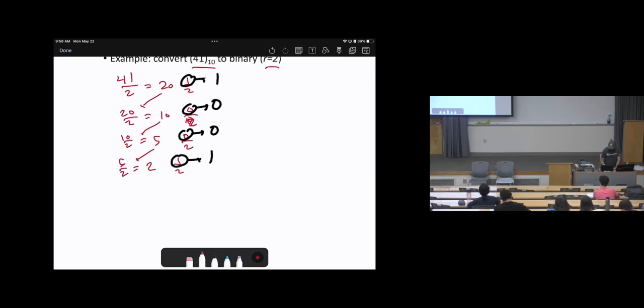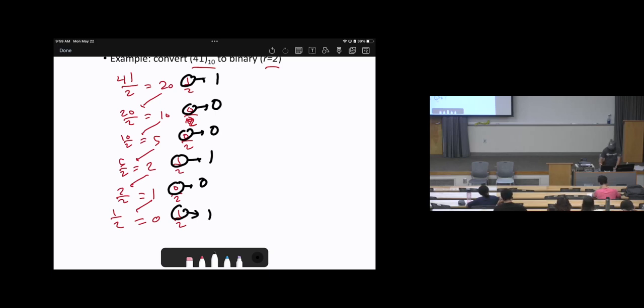Then take the 0 here, take the 2 here. 2 divided by 2 will be 1, and the residue is 0. After that, 1 divided by 2 will be 0, and the residue is 1.